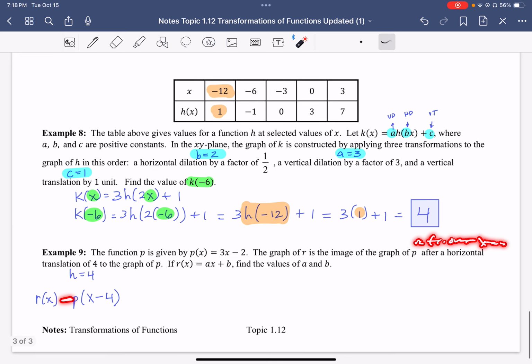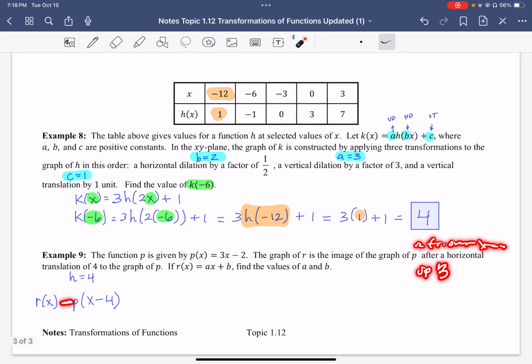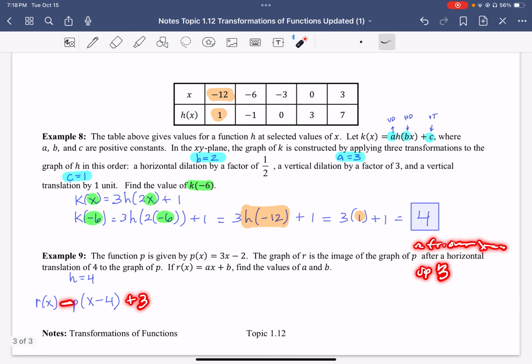If they had also said and it goes up 3 units, then I would say plus 3. But those would occur outside of the parentheses, okay? If they had also said and a horizontal dilation of 1/2, then I would put a 1/2 out here in the front. So this one looks pretty simple, but it's because that's all they gave us to do.